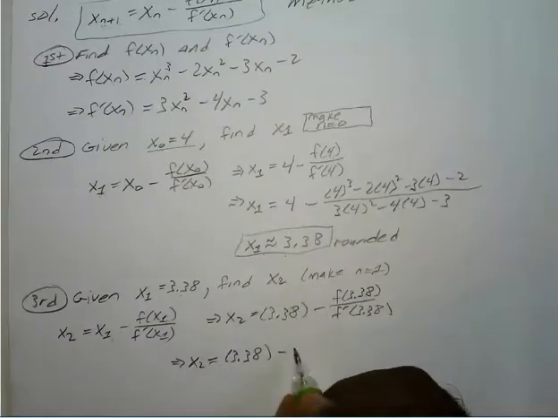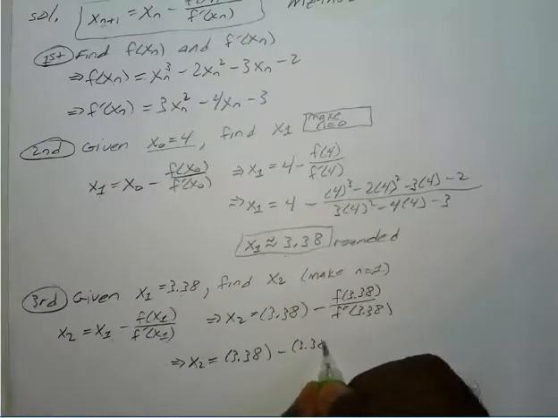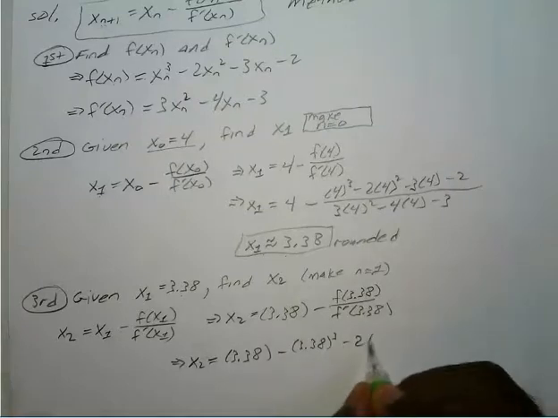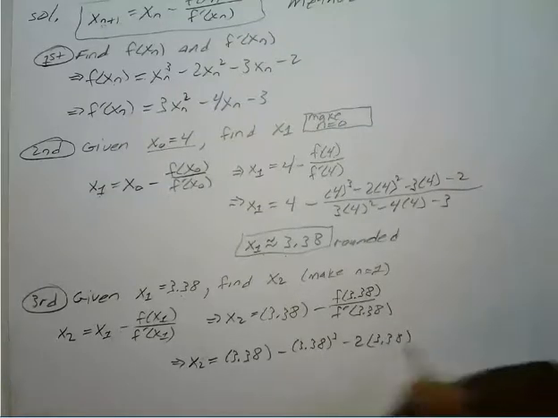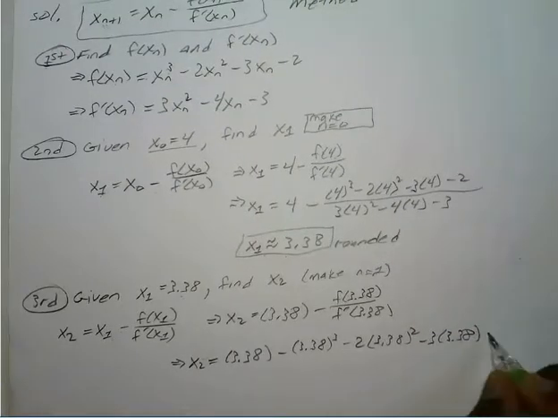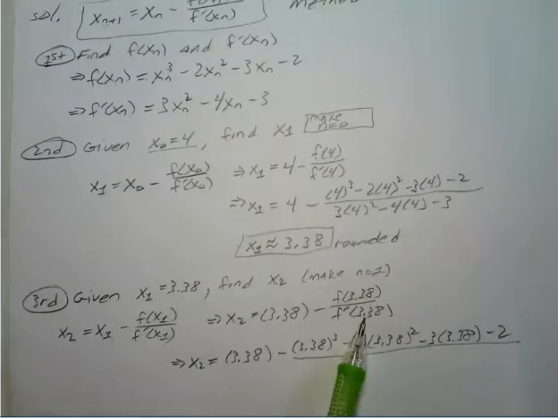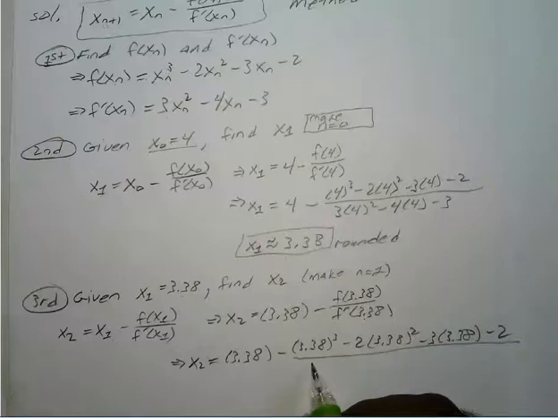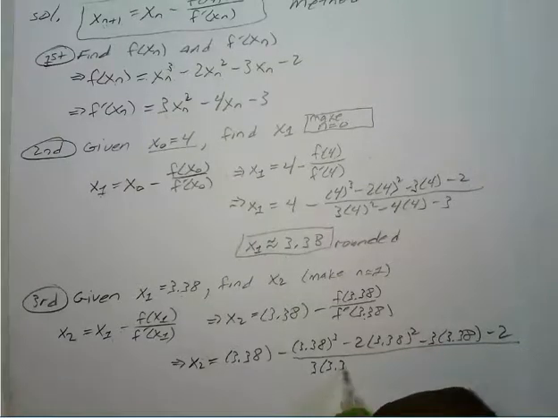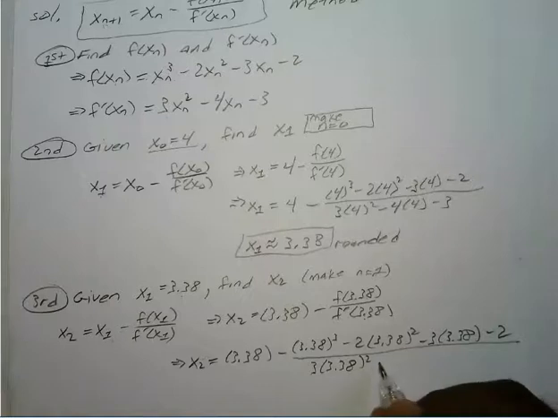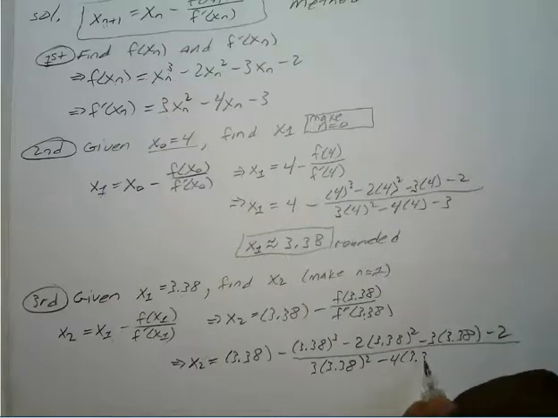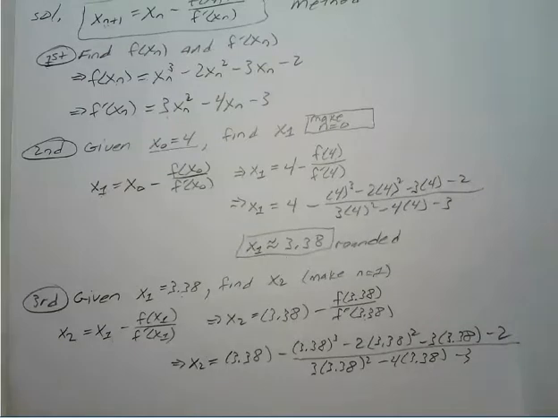So that's 3.38 to the third, minus 2 times 3.38 squared, minus 3 times 3.38 minus 2, all over f prime 3.38. We just replace everything in our f prime with 3.38, where all the x is. They have 3 times 3.38 squared minus 4 times 3.38 minus 3.